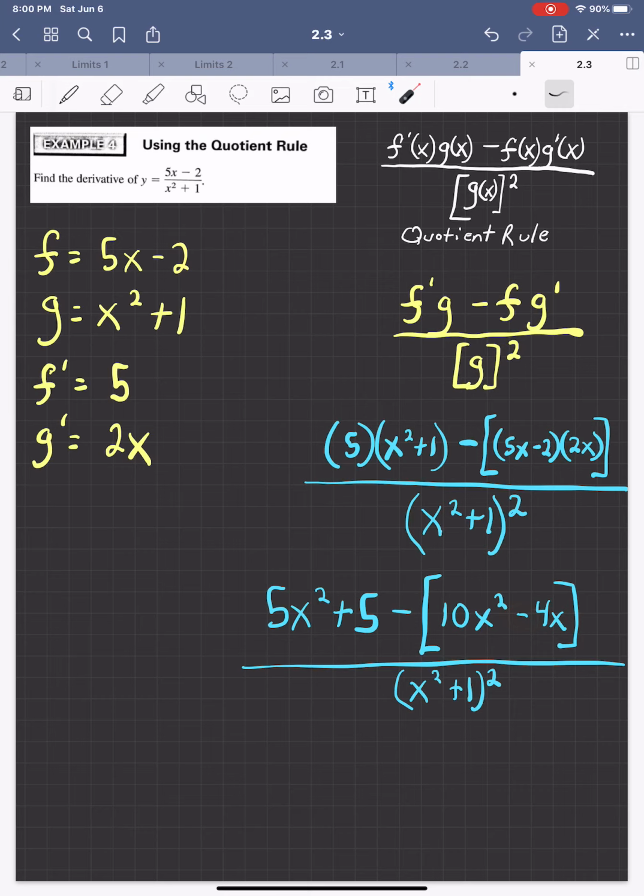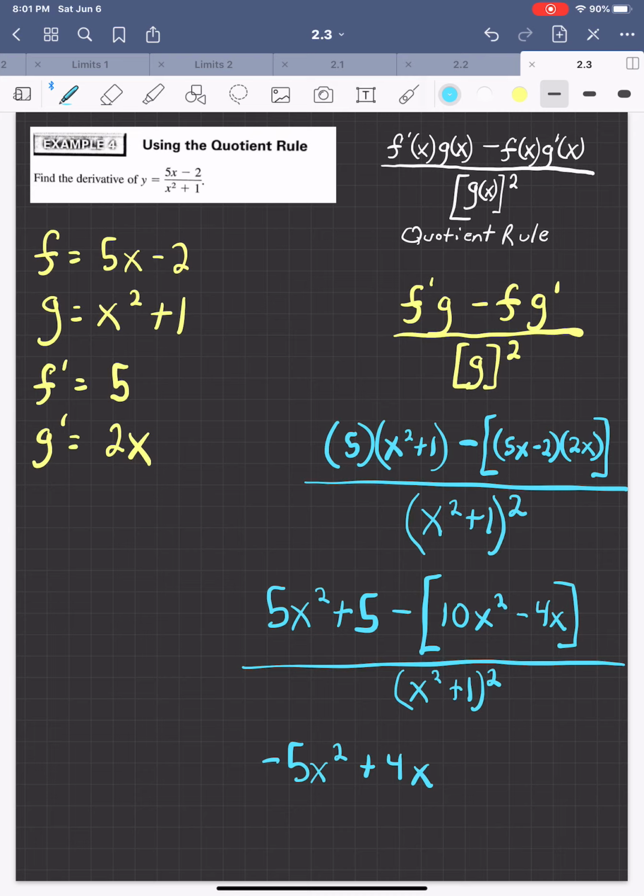Okay? So all I'm going to do right now is combine like terms. So negative 5x squared, that negative symbol has to be distributed to that negative 4, so that's going to be plus 4x.